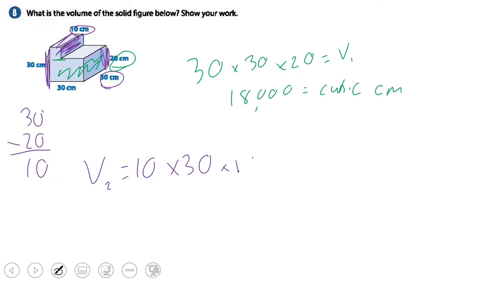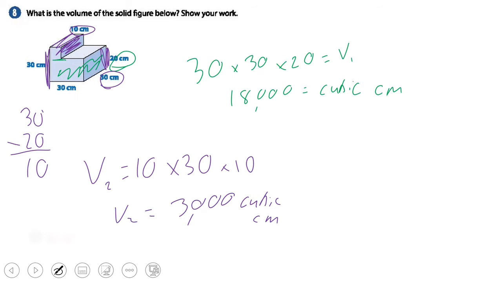So then our equation is 10 times 30 times 10. 10 times 30 is 300, and 300 times 10 is 3,000. Cubic centimeters for volume 2.